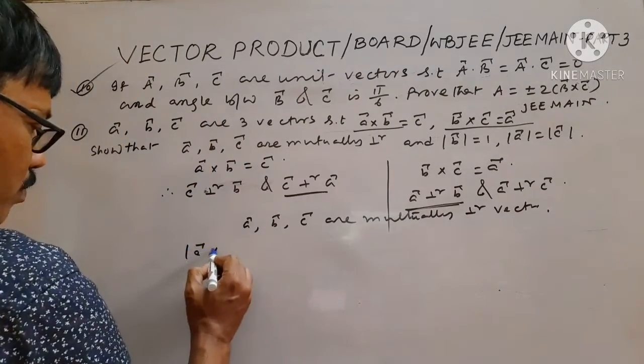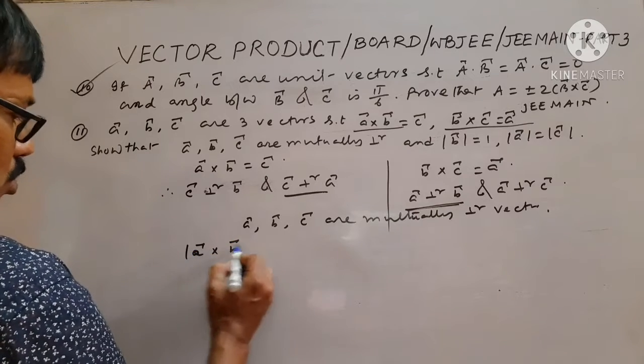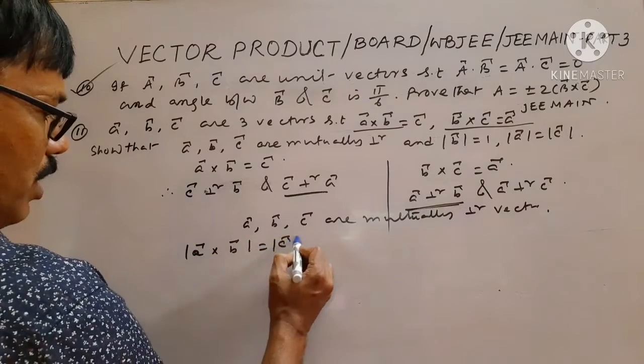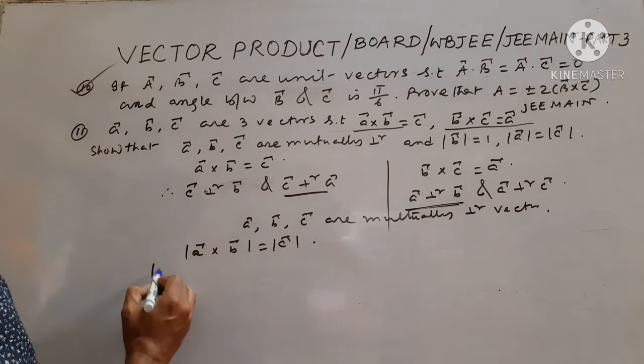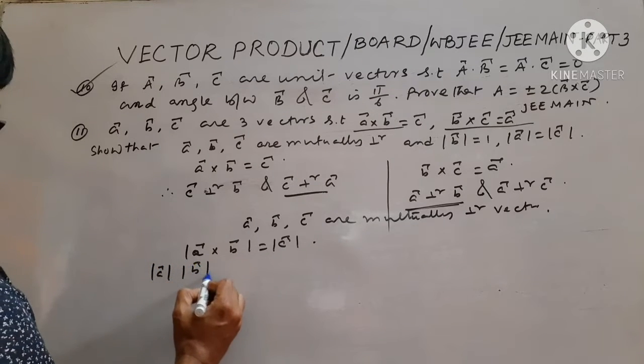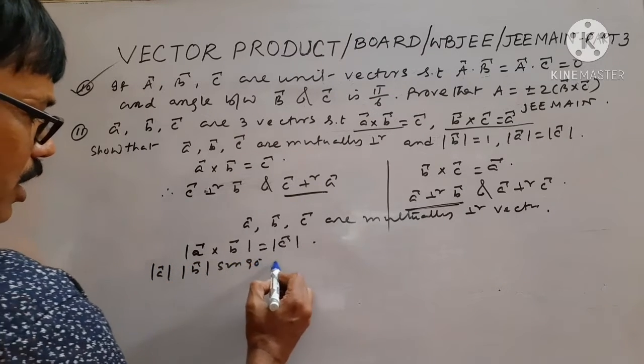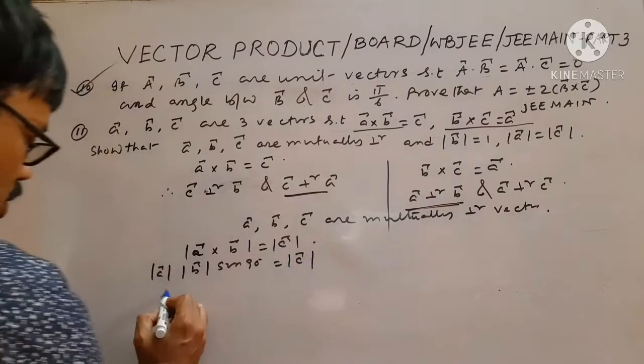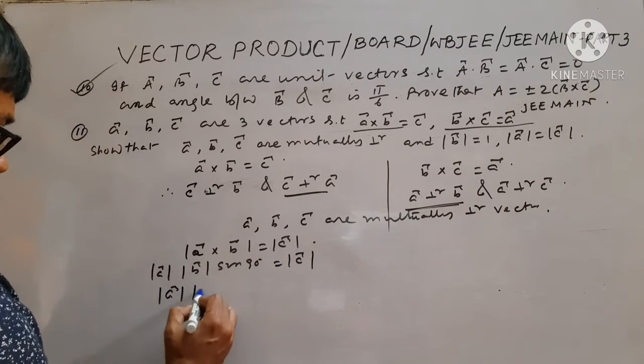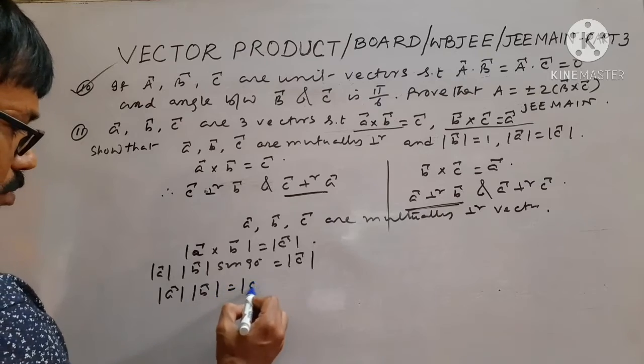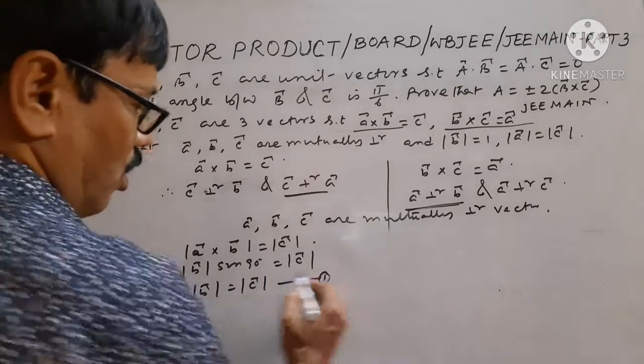Now A cross B equals C. So mod of A cross B equals mod C. So magnitude of A, magnitude of B, sine 90 equals mod C. So magnitude of A into magnitude of B equals magnitude of C. Call it 1.